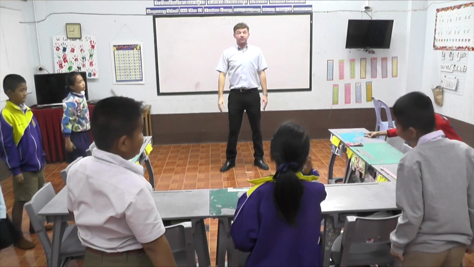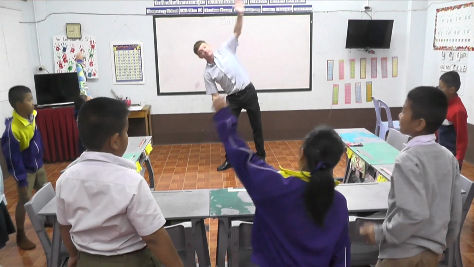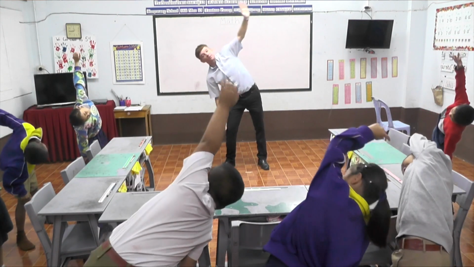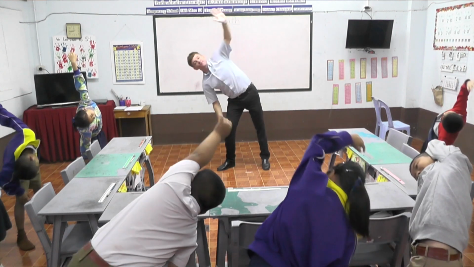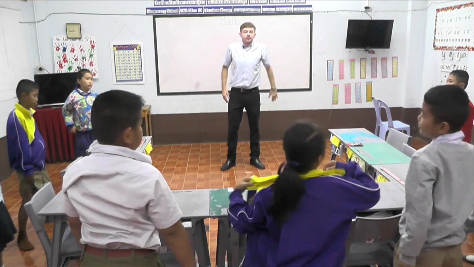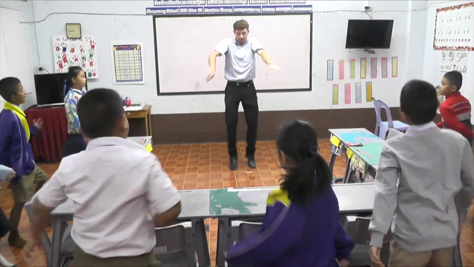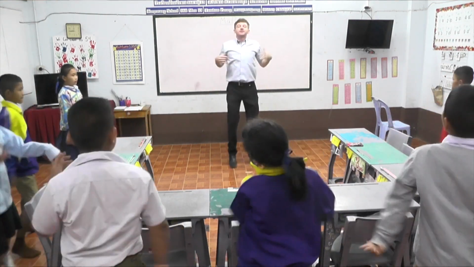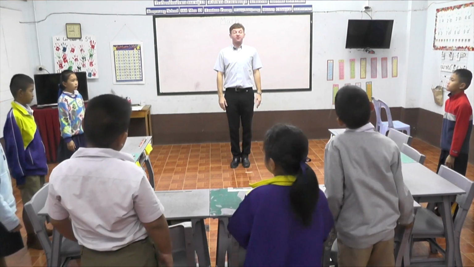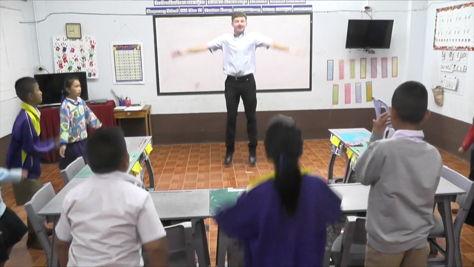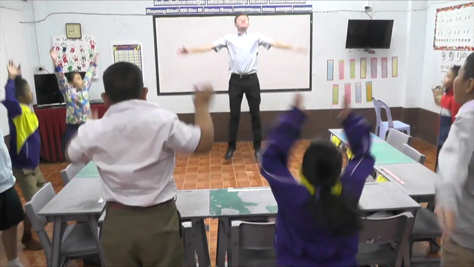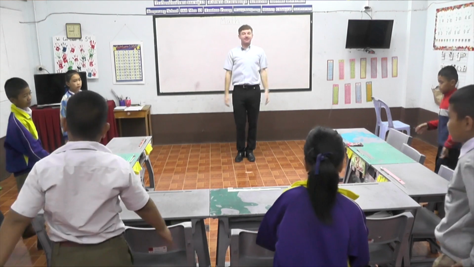And next we'll do 5 stretches to our right. 1, 2, 3, 4, 5. Let's shake it off. Stop. And to finish, we'll do 5 star jumps. 1, 2, 3, 4, 5. Excellent, guys. Have a seat.